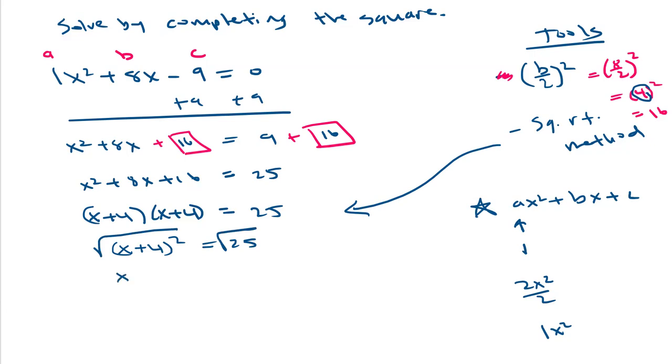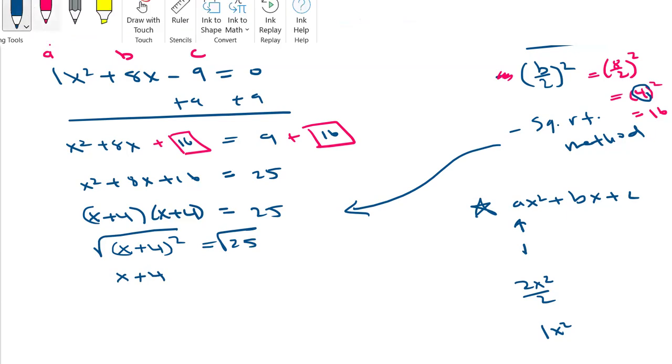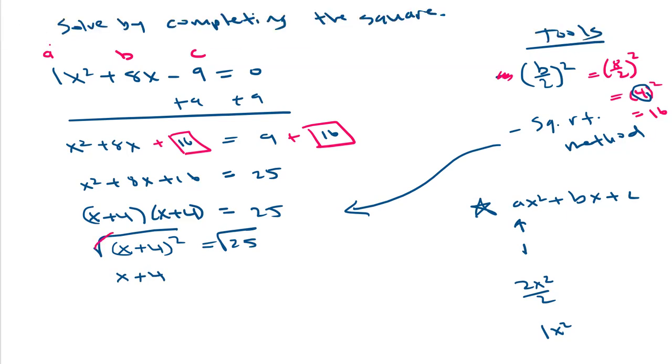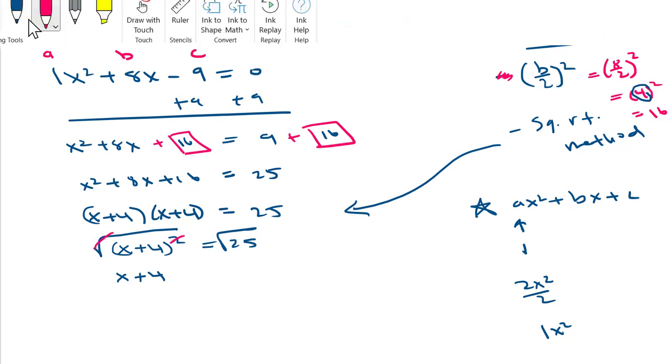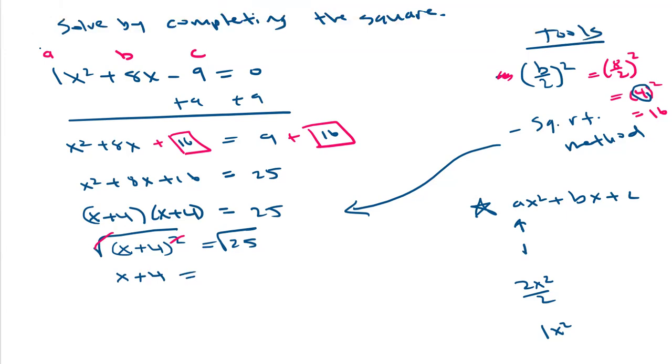So that's going to give us x plus 4 because the radical and the square cancel. And then we have the square root of 25 on the right side. Okay. So we're going to have two equations. Sorry, let me backtrack here, getting ahead of myself.